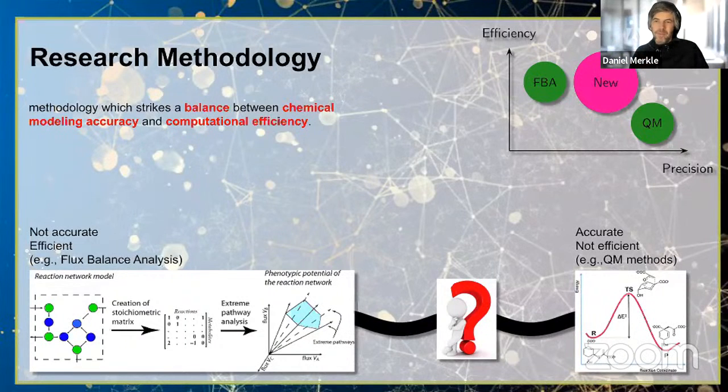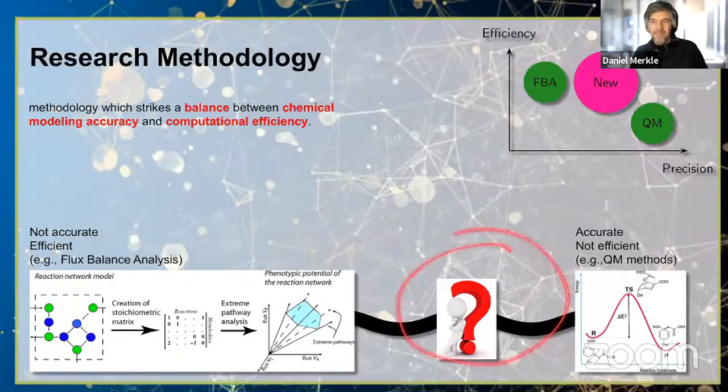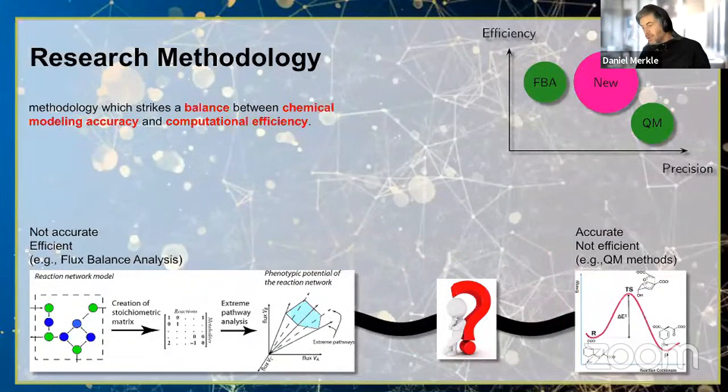It's super accurate, but very expensive. So we try to have something in between where we are as close as possible to the accuracy of QM, and we also interact with QM, but we are more accurate than methods like flux balance analysis, because as you saw already, in our molecules the atoms have identity, and we will exploit this.